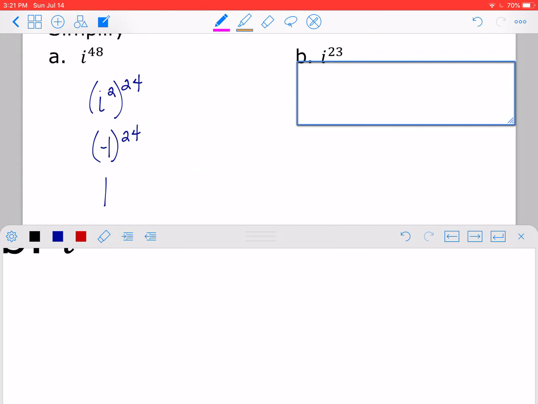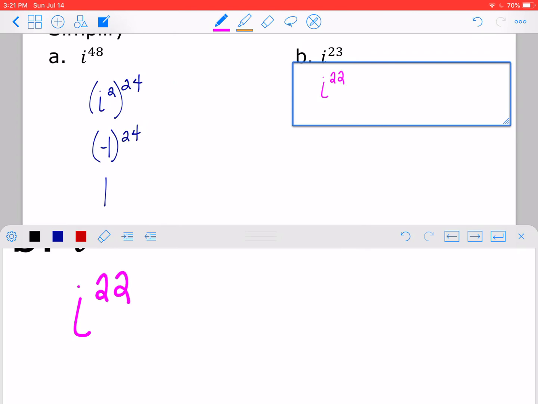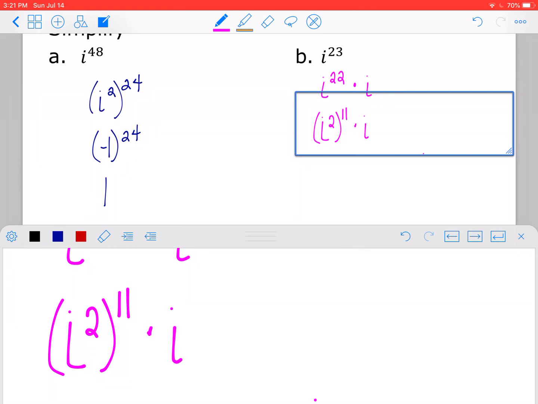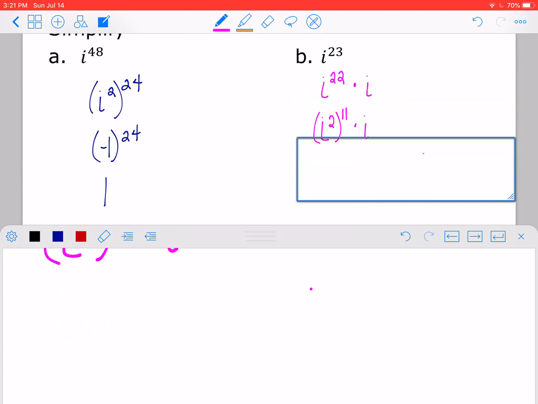And now we can get that i to the 22 in terms of i squared by making it i squared to the 11th. i squared is negative 1. A negative to an odd power is a negative, so we have negative 1 times i. So our answer is simplified, just negative i.